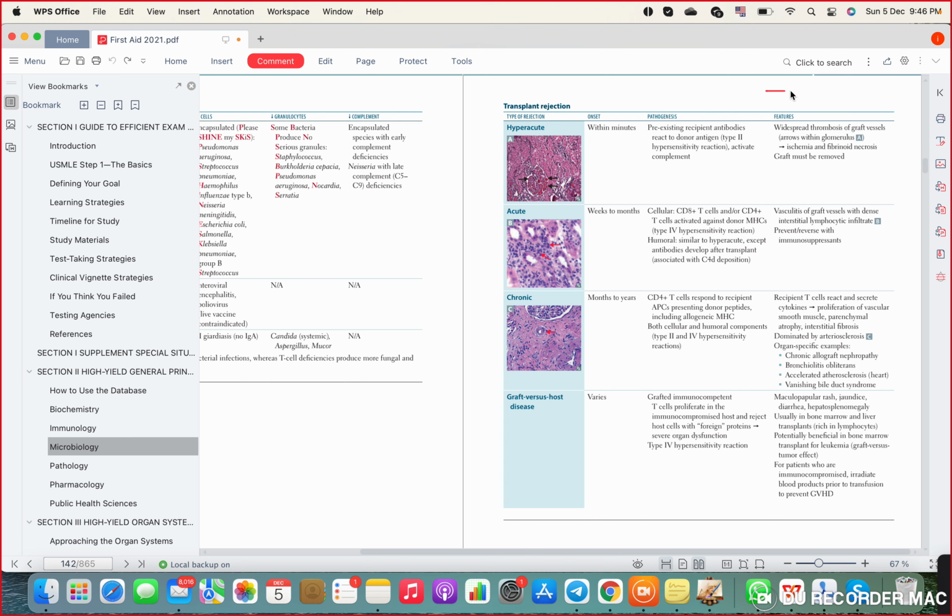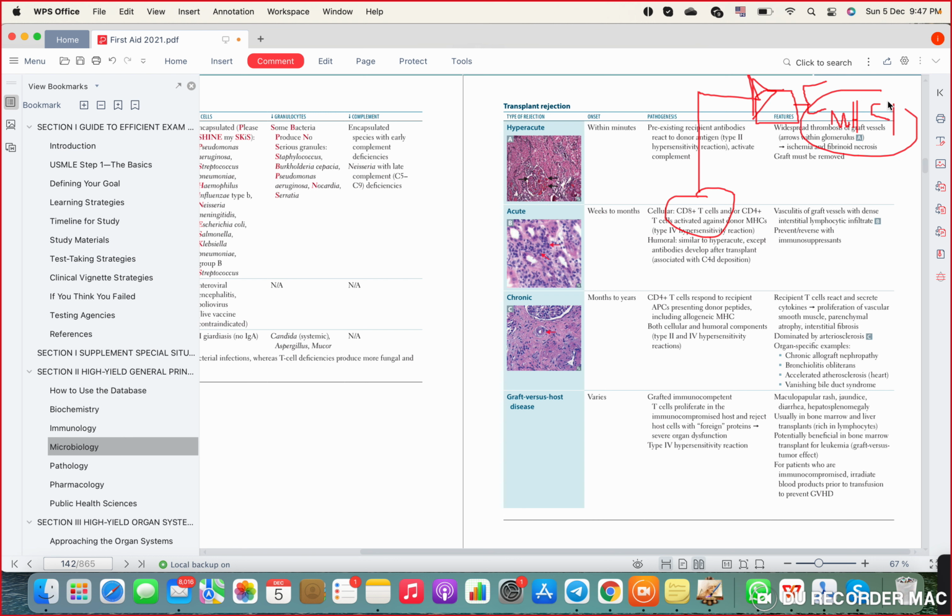If you have a foreign cell in your body that has foreign MHC on it, and the CD8 cell will see it, what will it do? CD8 cell will go and attach to it, doc, and kill it.